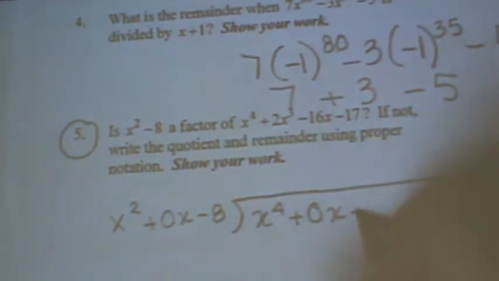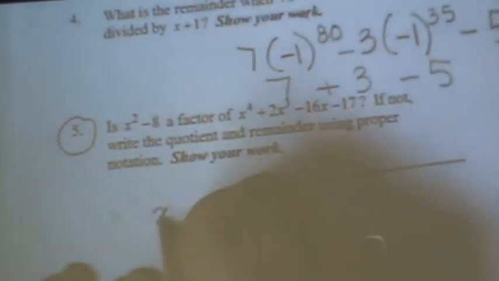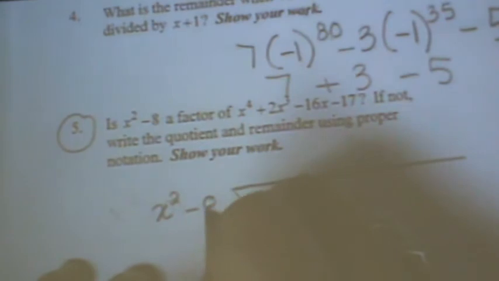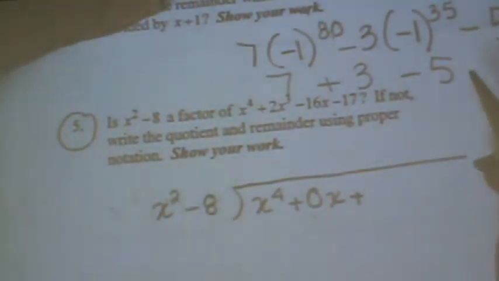Why'd you put the 0x there? Doesn't matter. You really don't need it. That'll confuse me later. I just put it for a placeholder. But there's a third, you have to cube it.